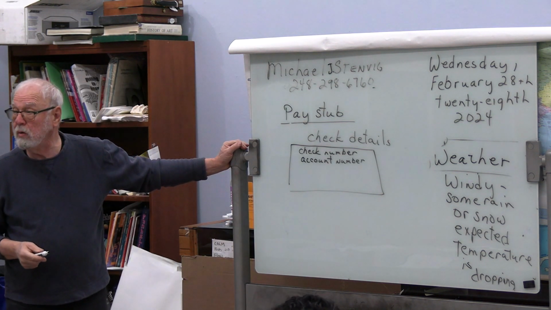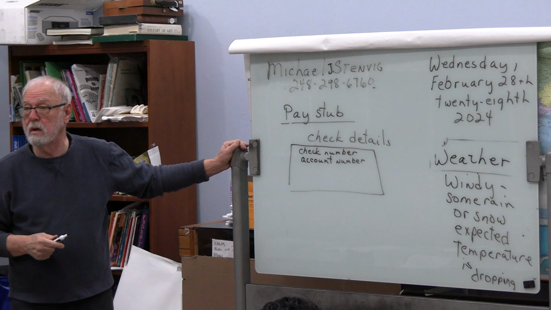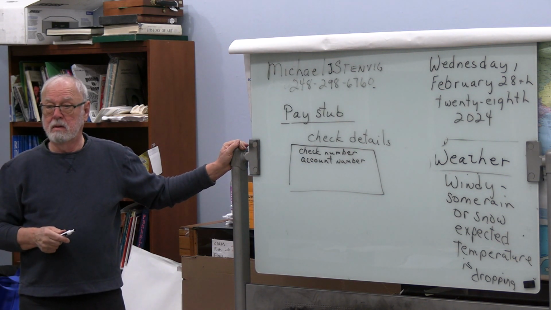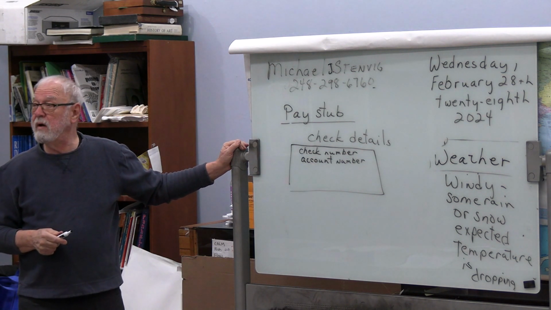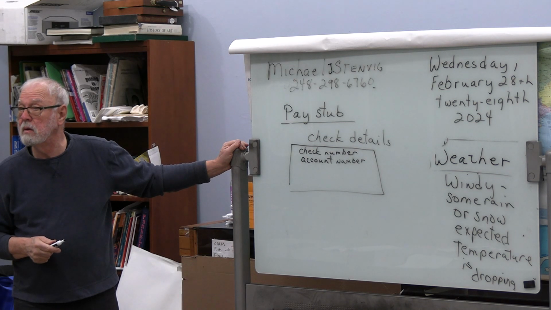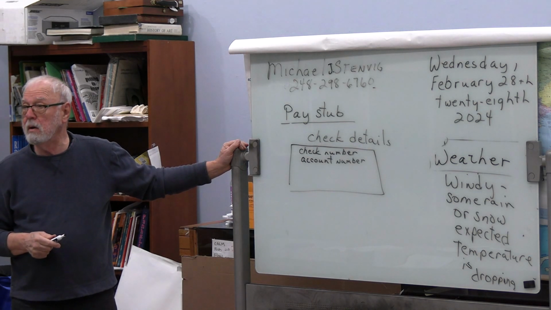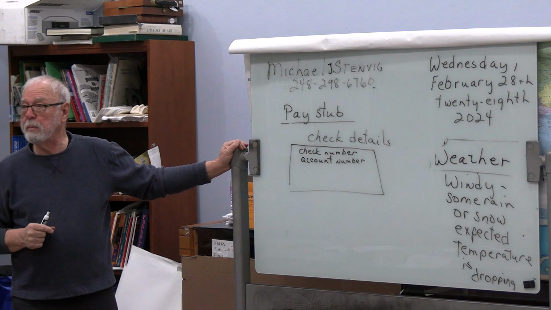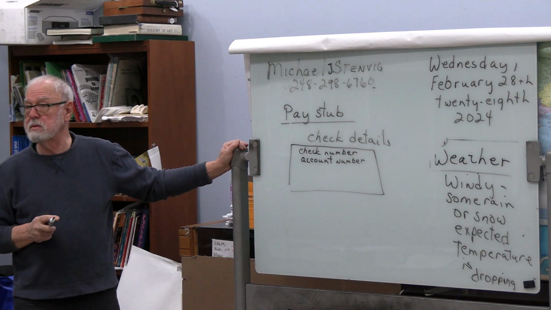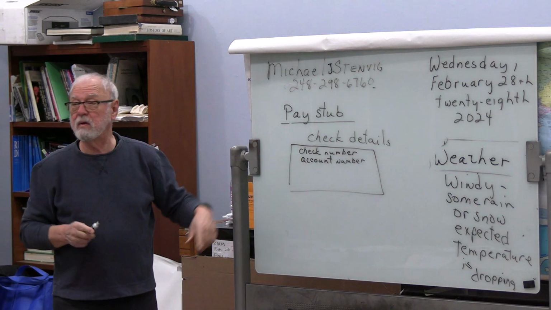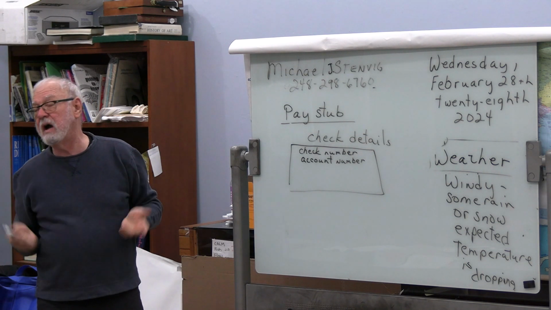Account number. What is an account number? Do you have a bank account? Does it have a number? Yes. So different places have account numbers. This is just the number of the check, number 55.